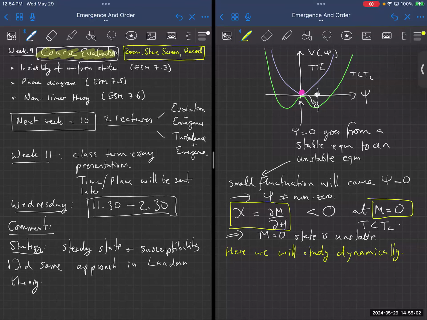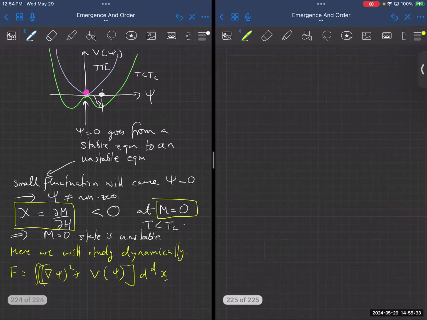We just look at the susceptibility, and the fact that it's negative tells us that the system will become unstable. Now, let's go back to Landau theory and remind ourselves what its form was. The form was grad psi squared, and then this potential, which I've called V of psi.